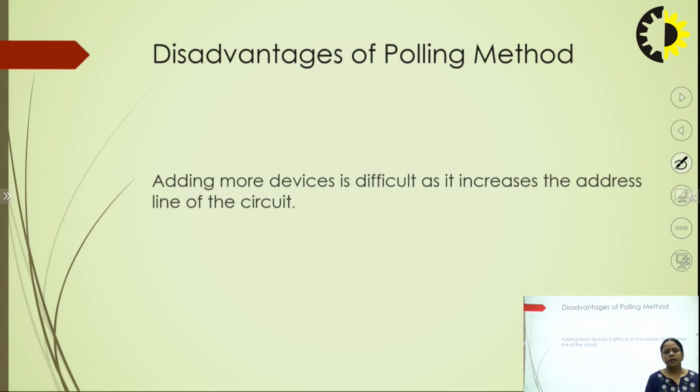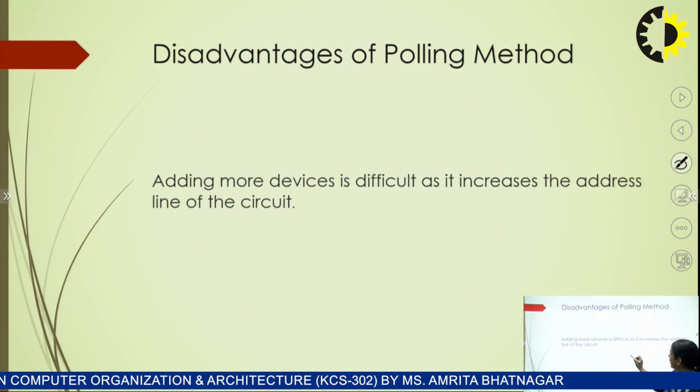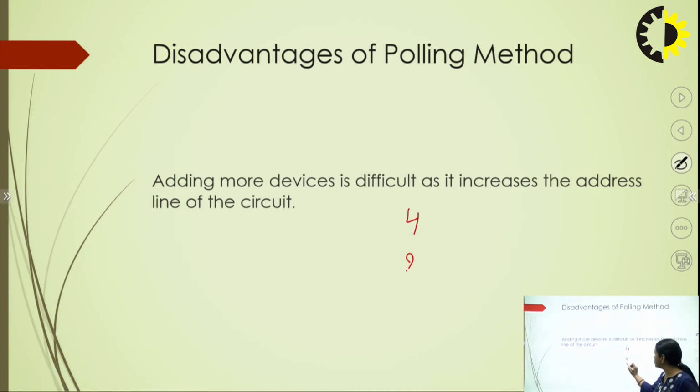It means we can't add more devices in the polling method, because if we add more devices, it will increase the number of polling lines. For example, if we have 4 devices connected, then we have only 2 polling lines. If we have 8 connected, then we have 3.